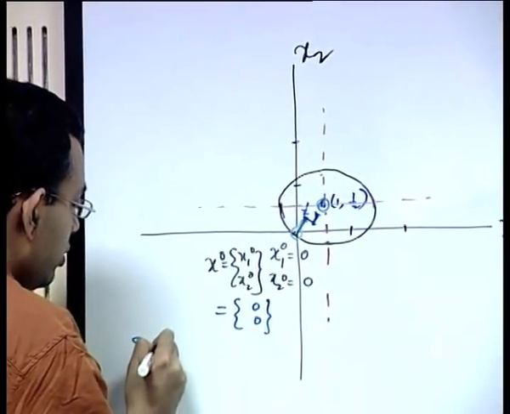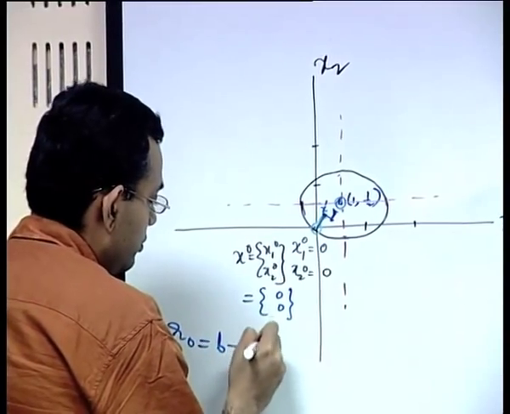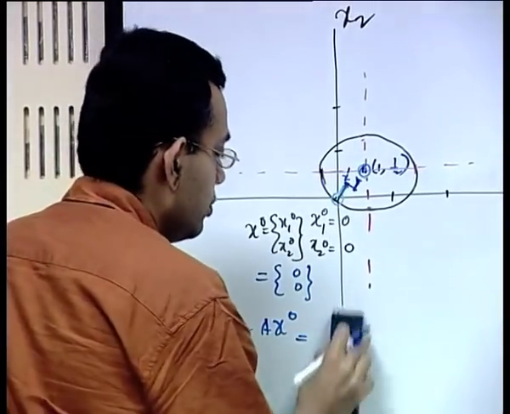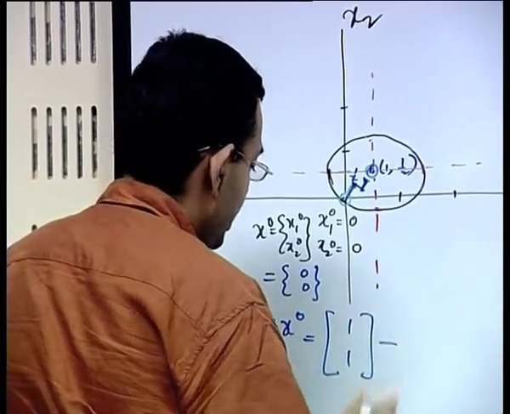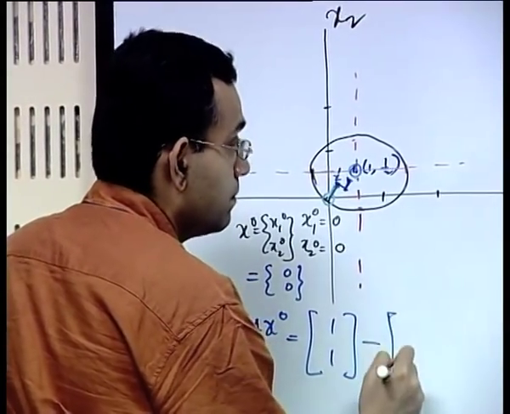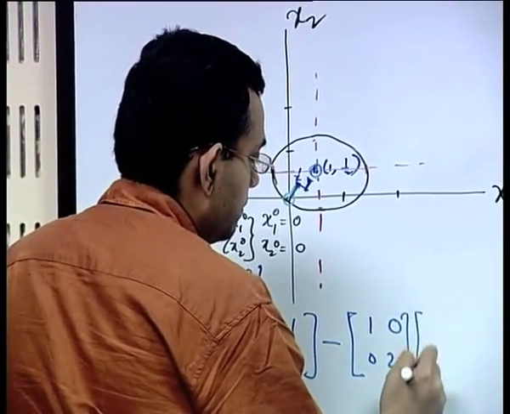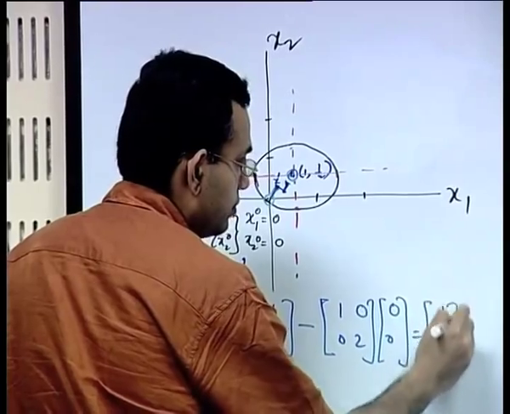So what is r0? b minus A x0. So that is equal to 1 1 minus 0, that is 1 1.